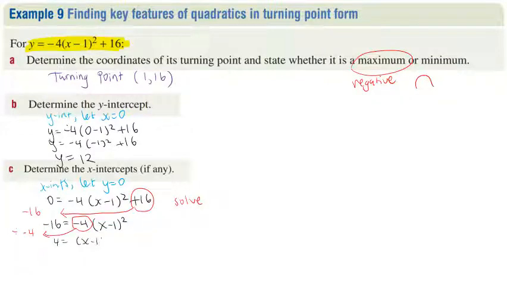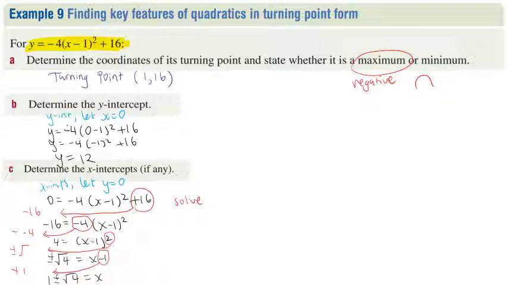(x minus 1) squared. Then the opposite of squaring something is to plus or minus the square root. So plus or minus square root 4 equals x minus 1. And the last step, plus 1. So I've got 1 plus or minus the square root of 4 equals x.